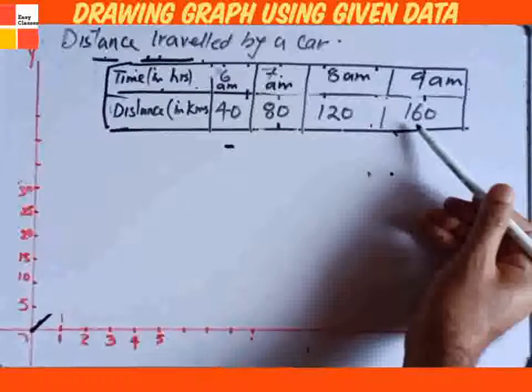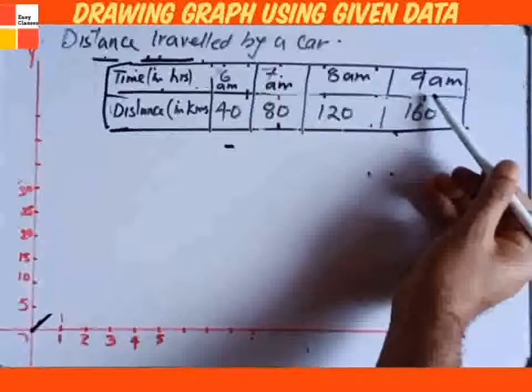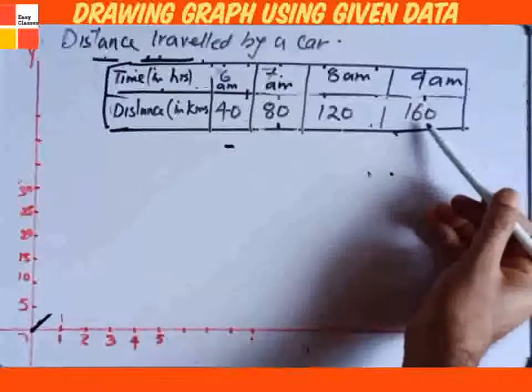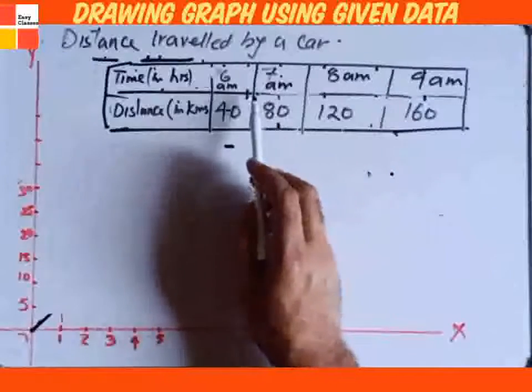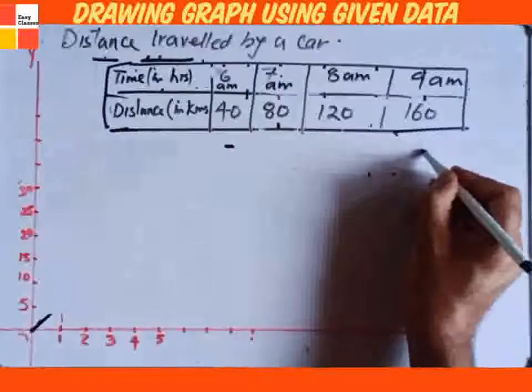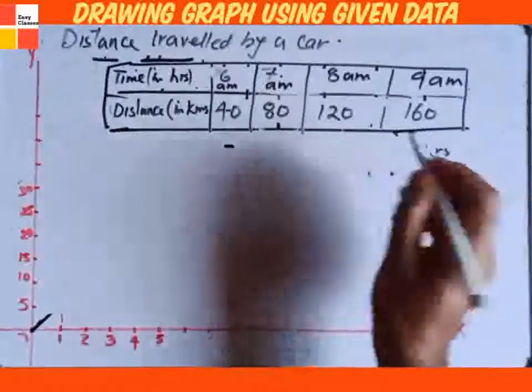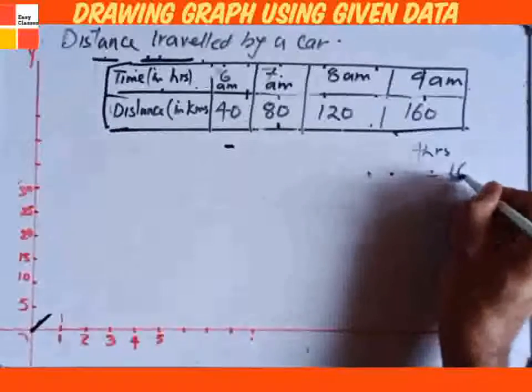So we can say that from 6 a.m. to 9 a.m. it covered a total distance of 160 kilometers. So in a total of 4 hours, the car covered a distance of 160 kilometers.